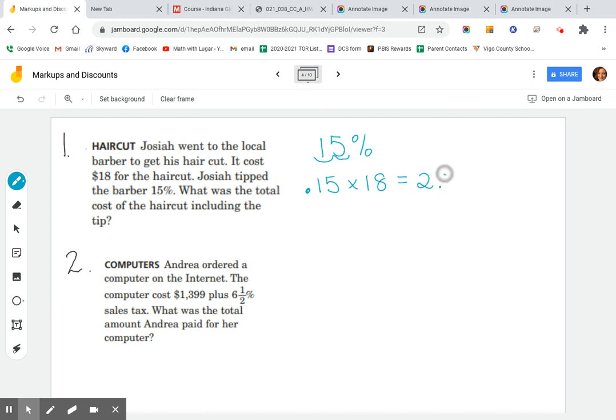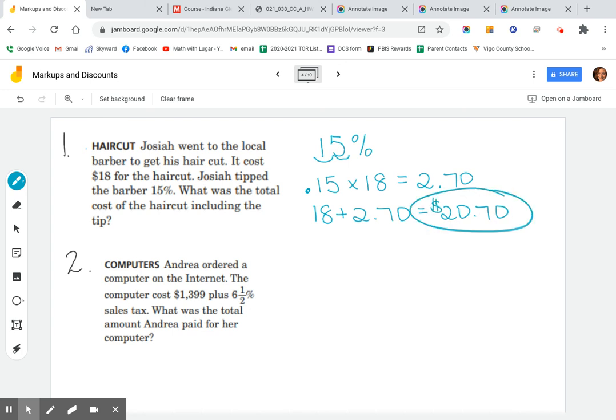We want to make that look like money. 2.7 really means $2.70. Money gets 2 places after the decimal. Tip is a markup. It gets added on. So it was $18. We're adding on $2.70. So we're paying a total of $20.70.